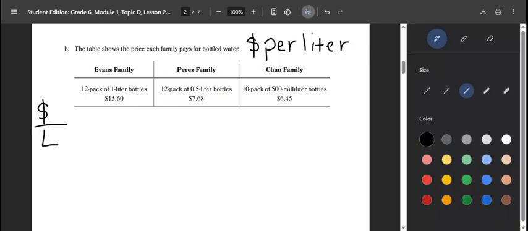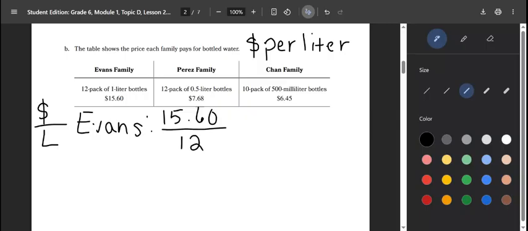So the Evans family buys a 12-pack of 1-liter bottles for $15.60. So that's going to be $15.60 divided by 12, because the number of liters is 12, because it is a 12-pack of 1-liter bottles.